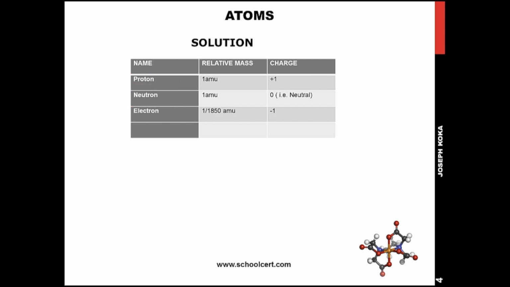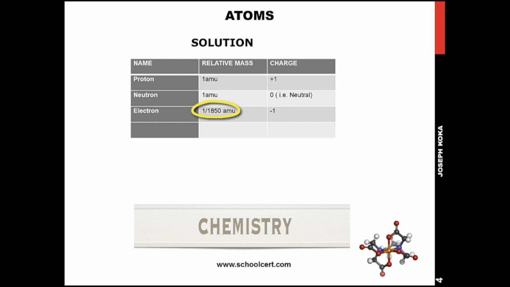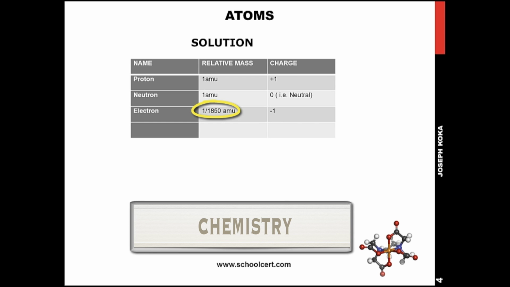The relative mass for proton is 1 atomic mass unit. For neutron is 1 atomic mass unit. An electron is 1 over 1850 atomic mass unit.